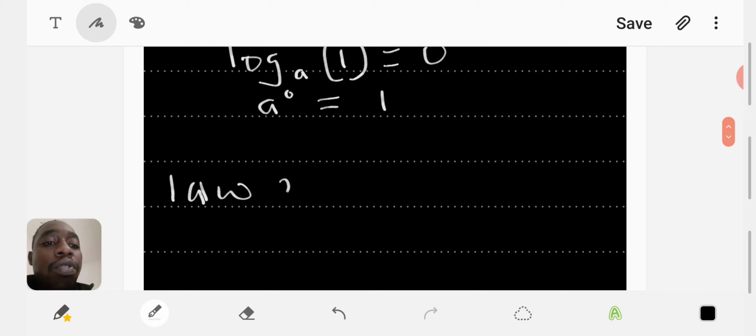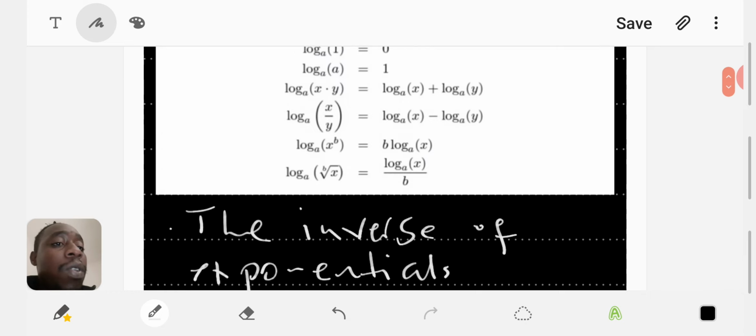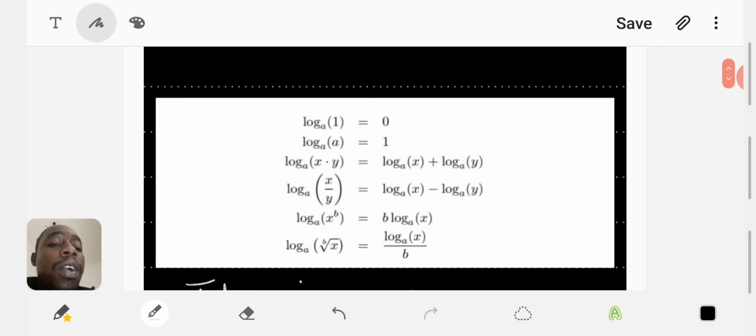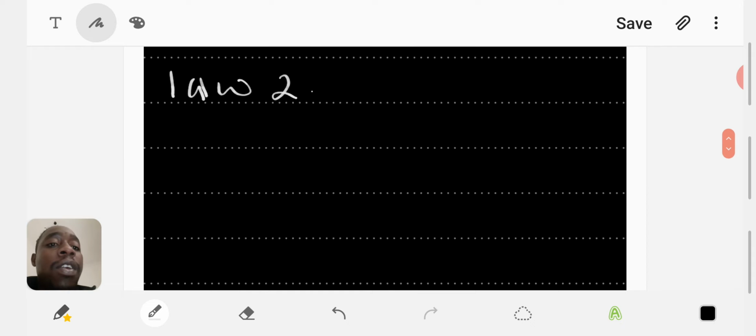Then law number 2, we say log to the base of a of a is equal to 1.